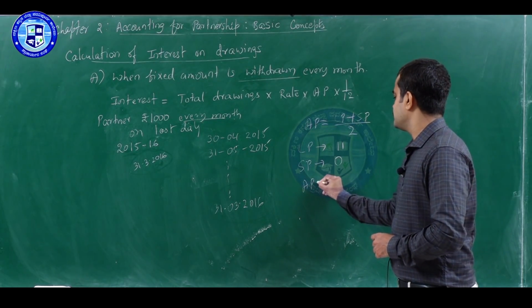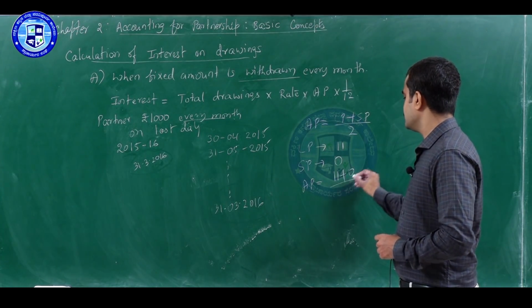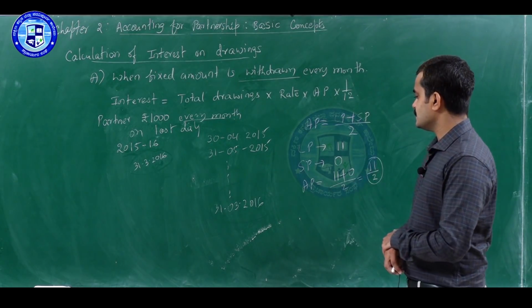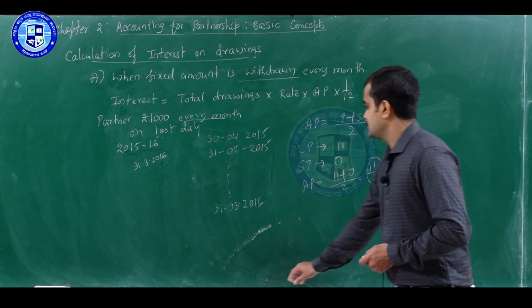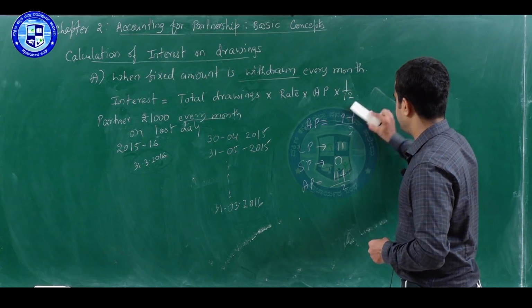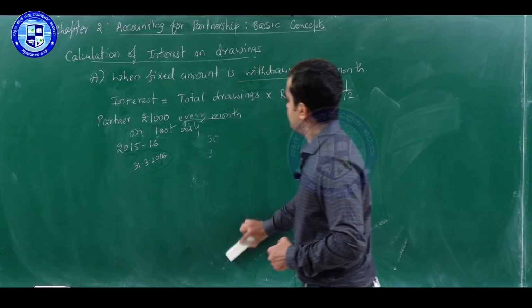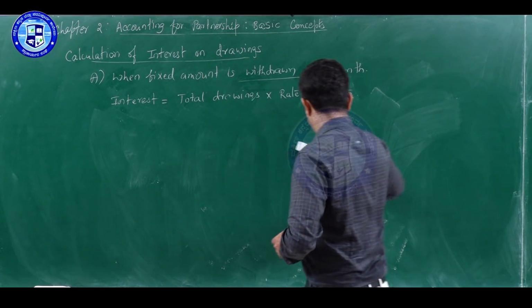Therefore, the average period equals longest period plus shortest period divided by 2, that is 11 by 2. So depending on the day on which withdrawal is made, this average period may change.